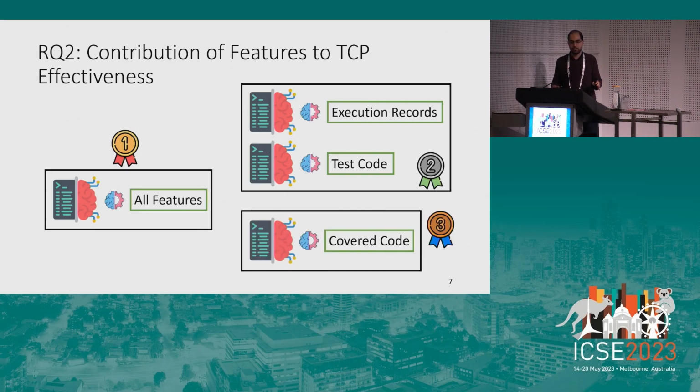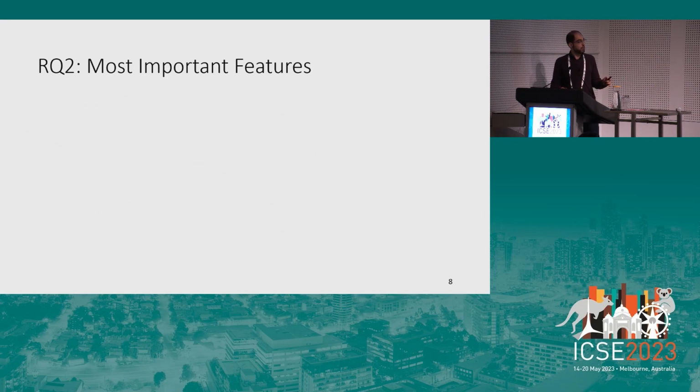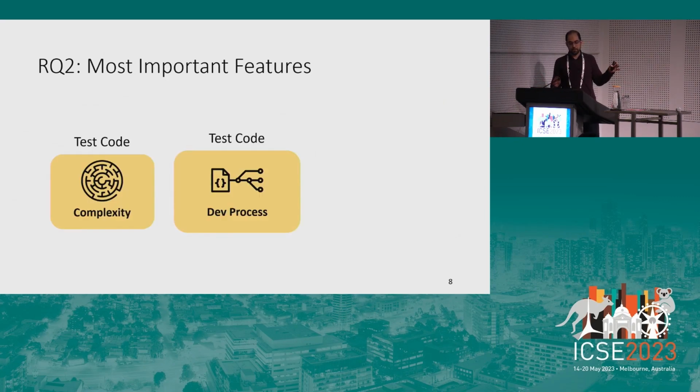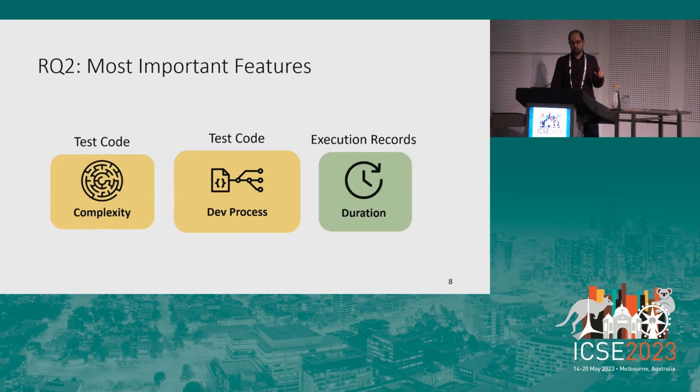And in third place, we have the model that is only trained on the covered code features. In this research question, we also investigate the most important features, which are the complexity and the development process of the test code, and also the duration of the test code. These were among the most important features in our machine learning algorithm.